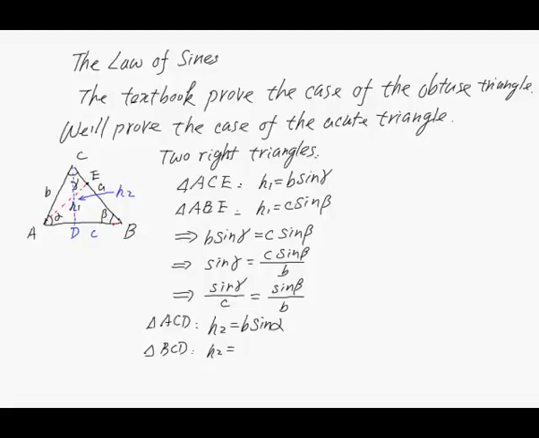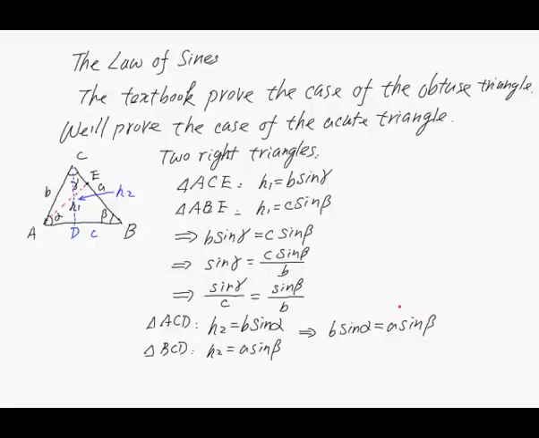And this H2 is the length of the side opposite the angle beta. And this A is the hypotenuse. So A times sine beta, you got this length CD. So H2 is equal to A times sine beta. Now you combine these two together, you get B times sine alpha equal to A times sine beta.